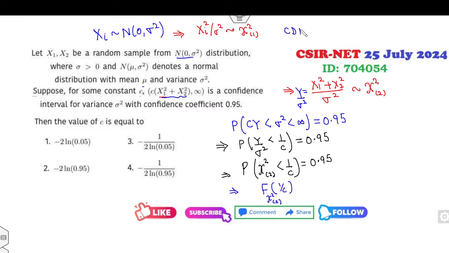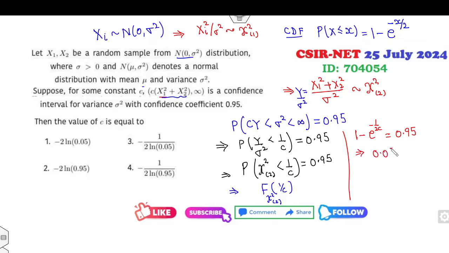So what is the CDF of 2 degrees of freedom? P of less than or equal to X is my 1 minus e raised to power minus X over 2. So I can substitute this value. The left side will be 1 minus e raised to power minus 1 over 2c is my 0.95.